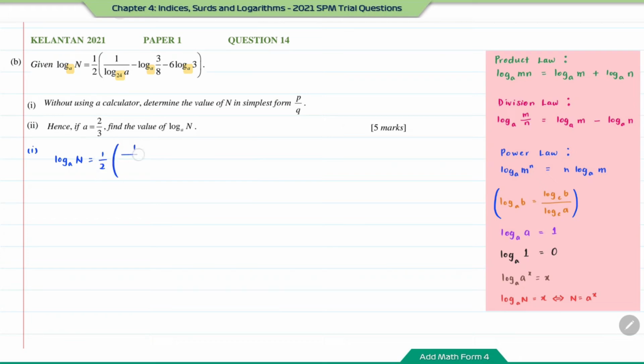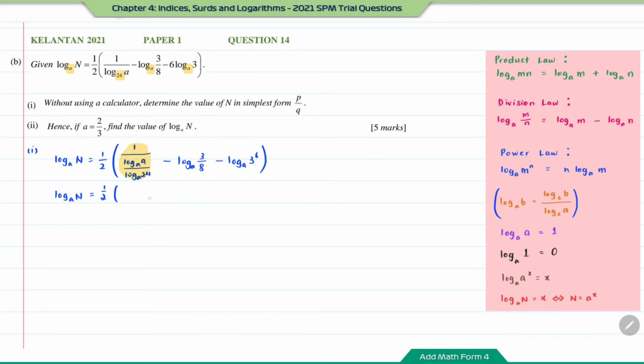so it will be 1 over log base a of a over log base a of 24 minus log base a of 3 over 8 minus, so this 6, using the power law, move it to the front, then it will become log base a of 3 to the power of 6. Now, let us look at this part.